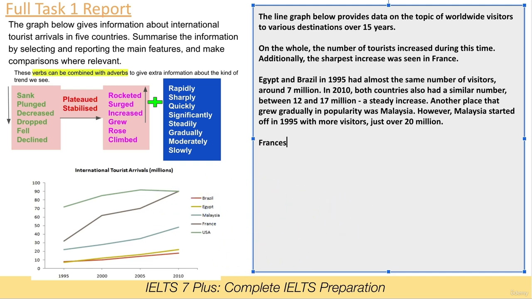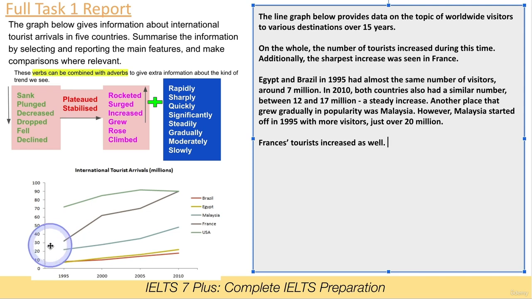Okay. So how about we say France's tourists increased as well. So we're comparing that. France's tourists, that's a bit of a mouthful there, but that's okay. Increased as well. So let's have a look at France.